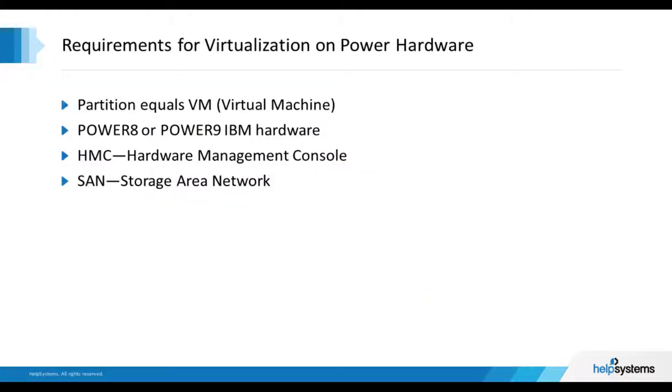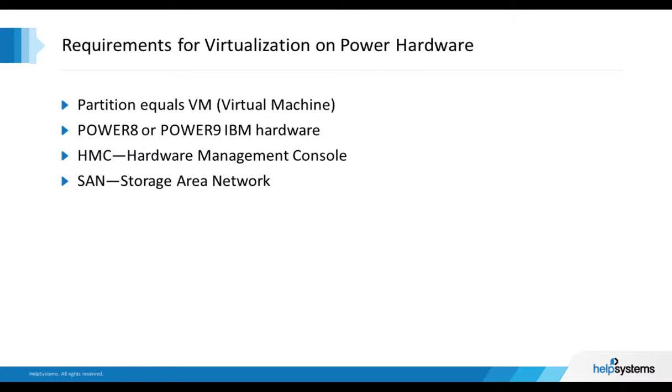Now let's look at some requirements for this technology running with your Power server. Again, keep in mind this works for AIX, IBM i, and Linux. You could have a makeup of all three or just one of those operating systems, and you can use this technology. A VM really is a virtual machine or a partition on this platform.